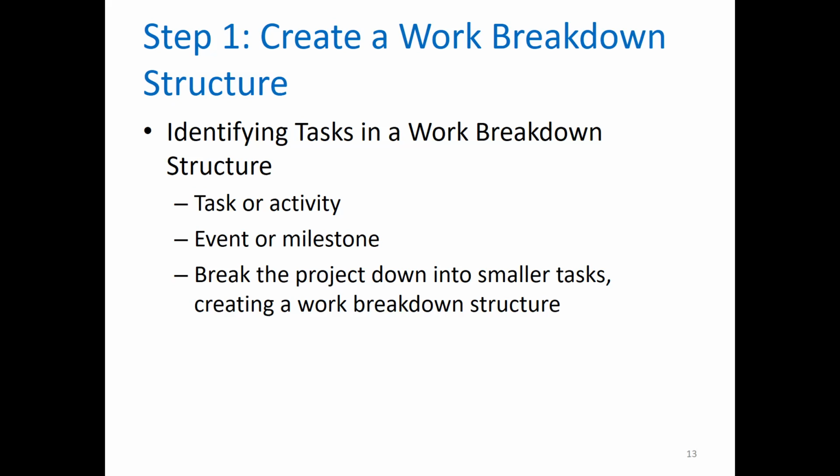An event or milestone is a recognizable reference point that you can use to monitor progress. For example, an event might be the start of user training, the conversion of system data, or the completion of interviews. Now, in a work breakdown structure, we often break down the project into smaller tasks.